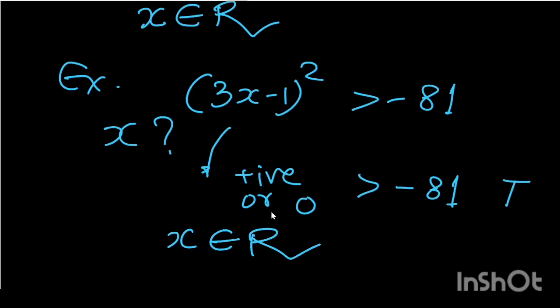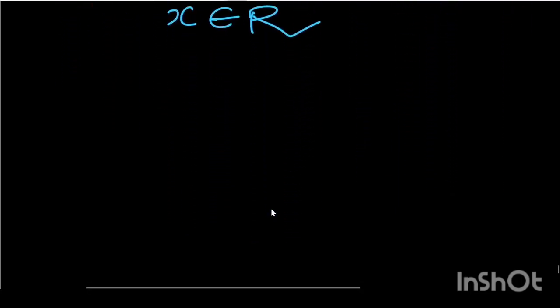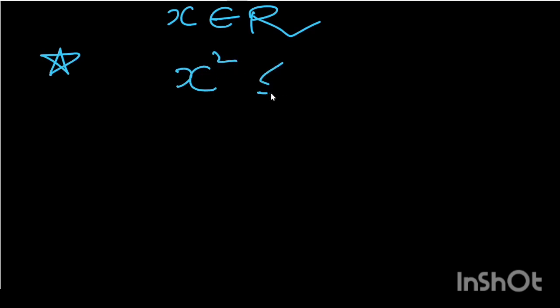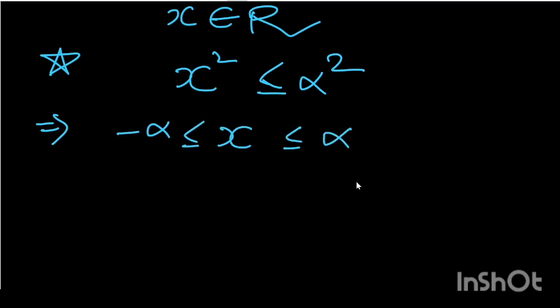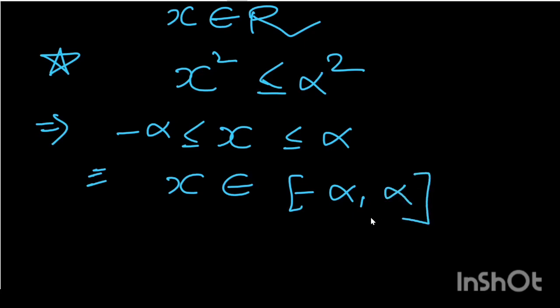So guys, now moving on to the next thing. In the similar way that we derived x square greater than, if you take x square less than or equal to alpha square, take factors and use the number line and so on, you will get that x is from minus alpha to plus alpha. Equivalently, x belongs to minus alpha to plus alpha, guys.